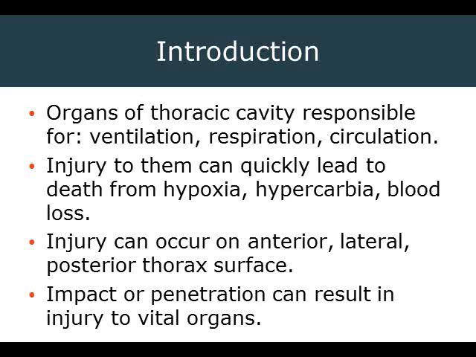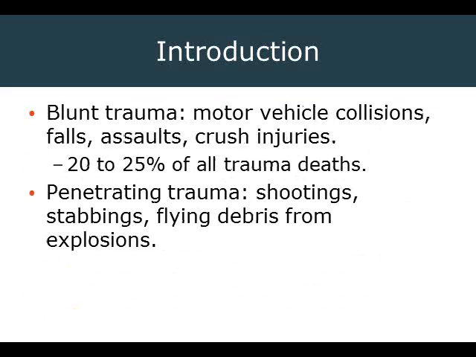Injury can occur on the anterior, lateral, or posterior thoracic surface. Impact or penetration can result in injury to the vital organs. Blunt trauma, such as motor vehicle collisions, falls, and assaults, is responsible for about 20 to 25% of all trauma deaths.